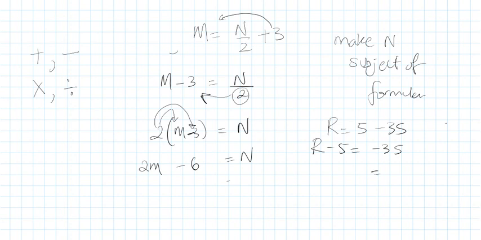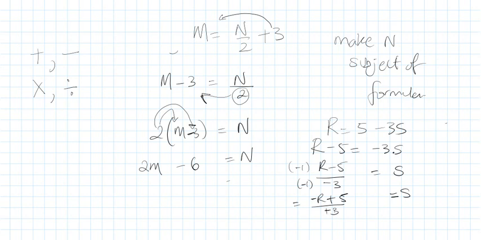We need to make s subject of formula. So this is multiplied by -3. If you send it to the left, it becomes divided by -3. Okay, and that will be the expression. Now to make it look nicer, what you can do is you can multiply the numerator by -1, and you multiply the denominator also by -1, so that -1 times r is -r, -1 times -5 is 5, divided by -1 times -3, which is +3.